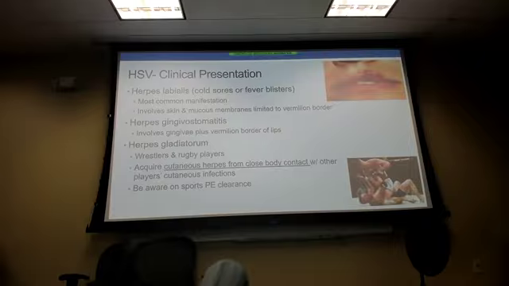And then herpes gladiatorum. That one is when you see it on athletes, particularly wrestlers. So if you see that in a well check or a sports physical, do you just clear the kid? Treat. So I would say you're not cleared, or you're cleared pending resolution of the herpes.